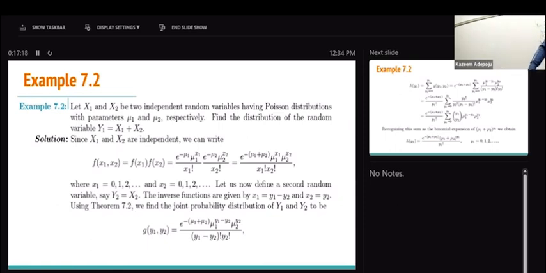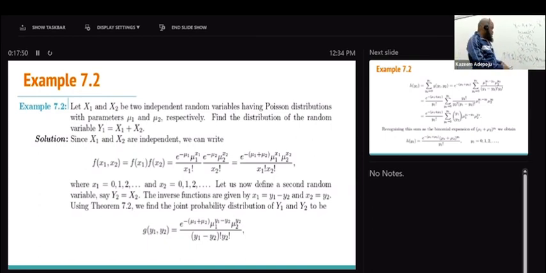When you do that, the g of y1, y2 is basically g of x2 into y2 comma x1 into y1 minus y2. That is what we mean. So we're plugging in y2 for x2, and we're plugging in y1 minus y2 for x1 in the joint.